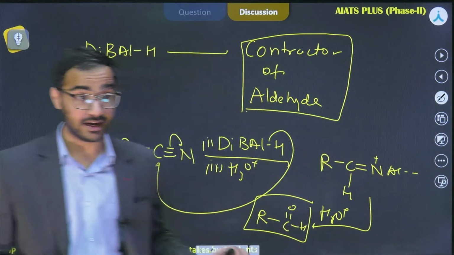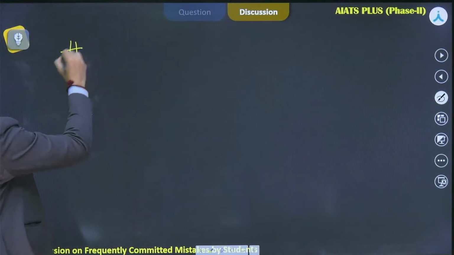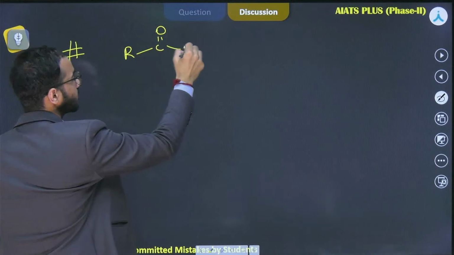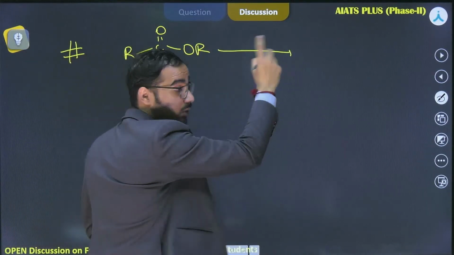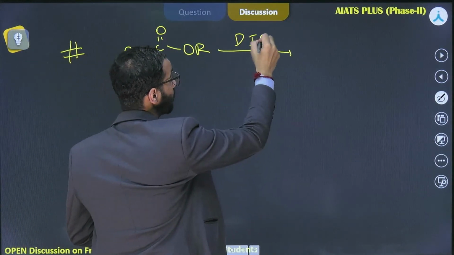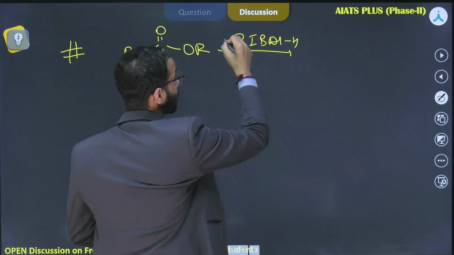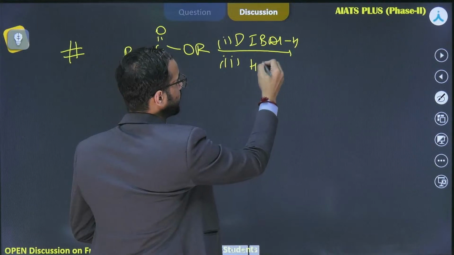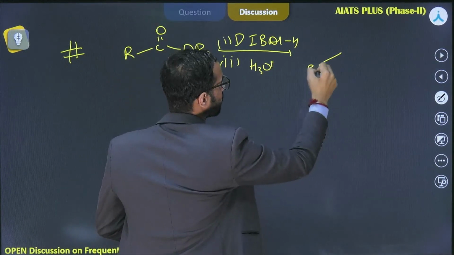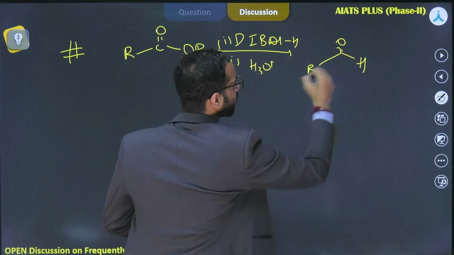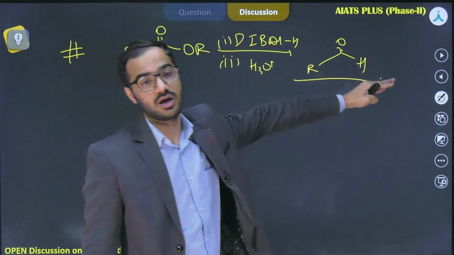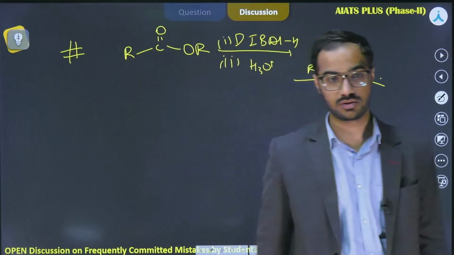Or we can say that if you are taking a substrate called ester, you are reacting with the DIBAL-H at the very first step, and at the second step you will be hydrolyzing it. You will have this product. We can say that the aldehyde is the final product of these reactions.